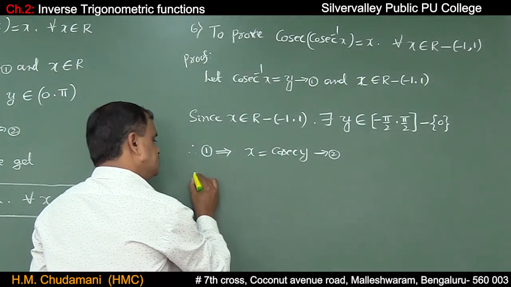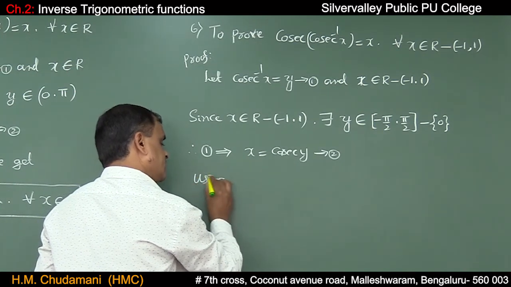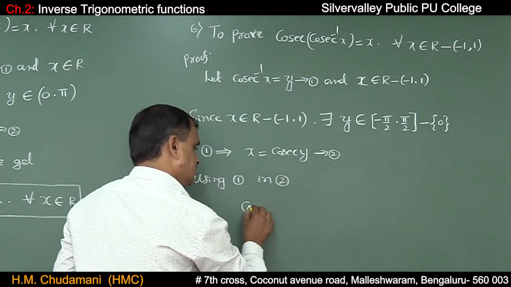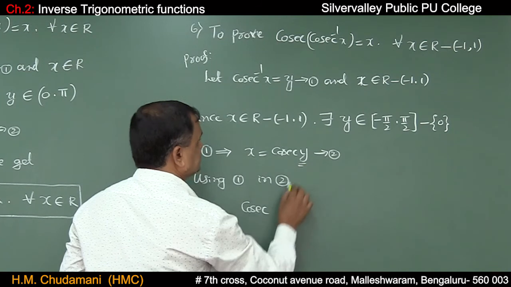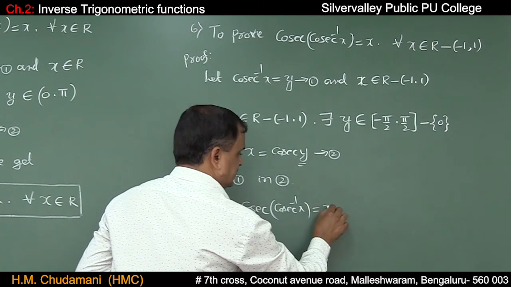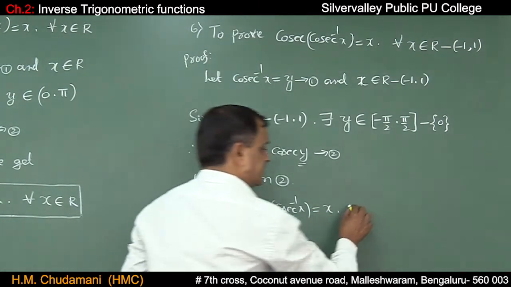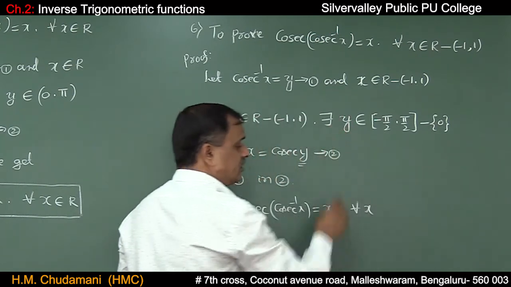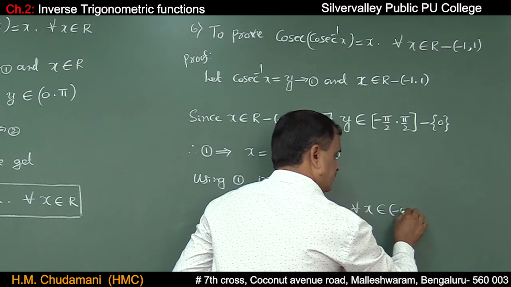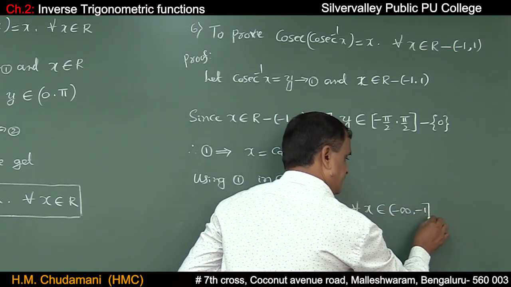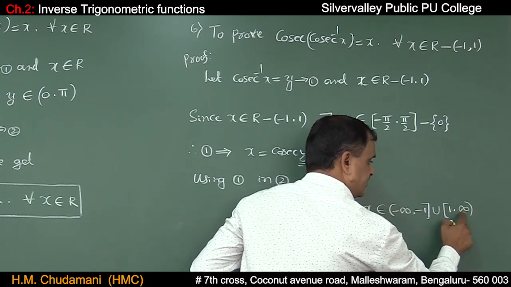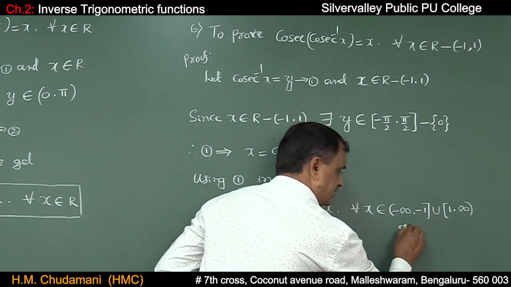Okay. So using equation 1 in 2, we get cosecant of, in place of y, cosecant inverse x. Cosecant of cosecant inverse x is equal to x for all x belongs to real numbers except minus 1 comma plus 1. That is minus infinity comma minus 1 union 1 comma infinity, where 1 is included.